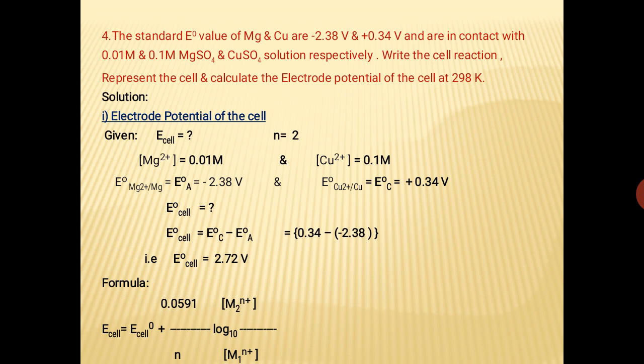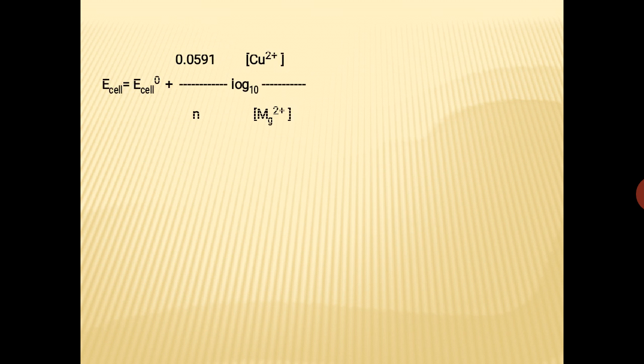So we have all the parameters identified and we have the formula. The next step is substitution. I have written the equation as E cell equals E0 cell plus 0.0591 upon n log to the base 10 of Cu2+ upon Mg2+. Here Cu2+ is the cathode ion, Mg2+ is the anode ion.